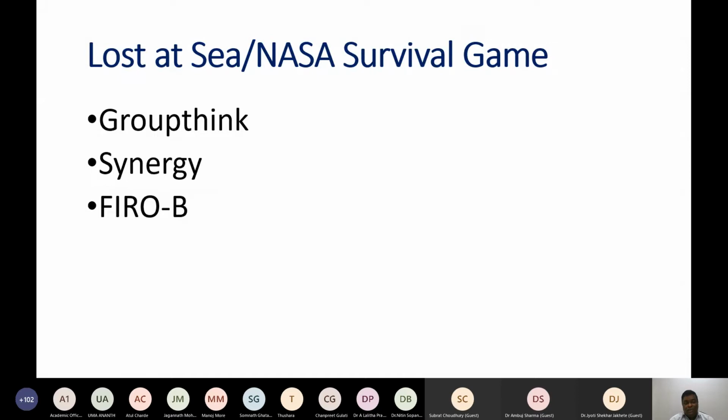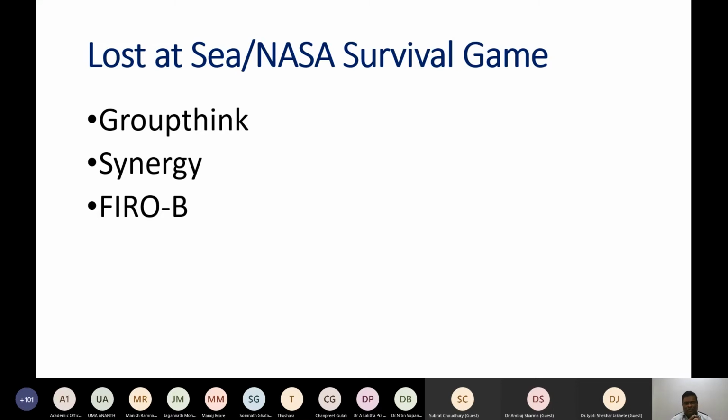And I can show them if in a group most of them want to lead, then there is no one to follow. 5OB will tell in a group of 6 people, if 5 of them it would categorize into leading type. So if 5 of them are trying to lead, then no one is there to follow these guys. So that will come out. Even when you are trying to form a team, how their personality is should also be one of the factors to be considered. That lesson will come out.